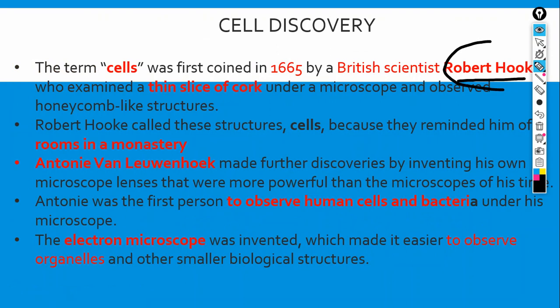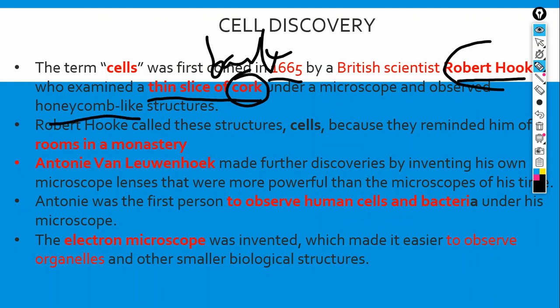He did that in the year 1665, when he examined a thin slice of cork. Cork is basically the bark of a particular plant. He used a microscope and he observed the honeycomb structure.